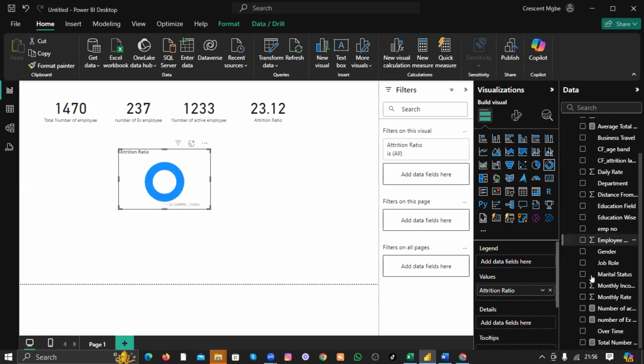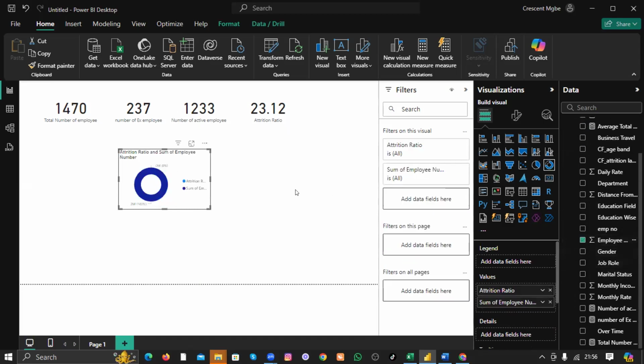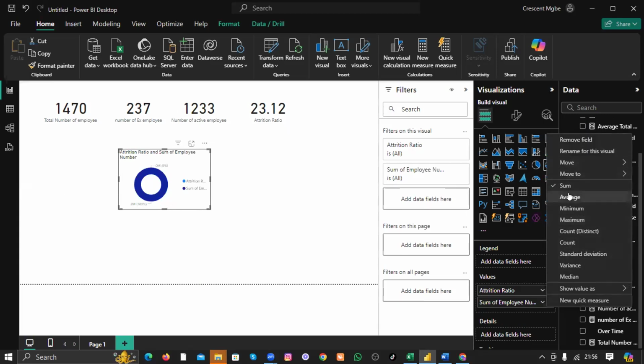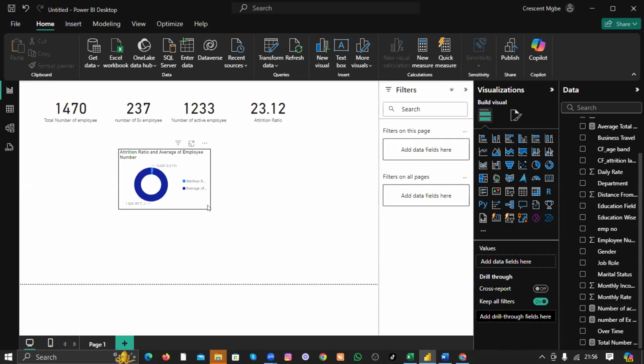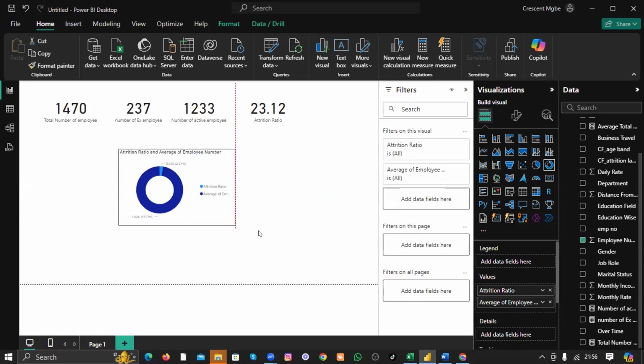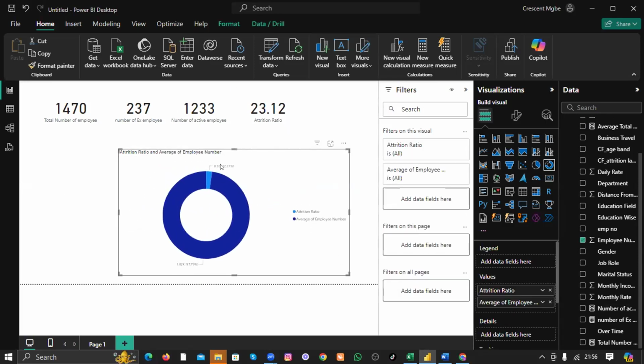Then you put the total number of staff you have. Then what you want to know is the average, right? So this tells you that the attrition ratio is just 2%. It means only 2% of your total staff left over a period of 1 year, which is good, very, very low.